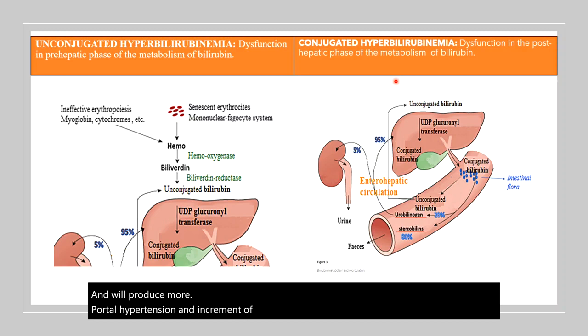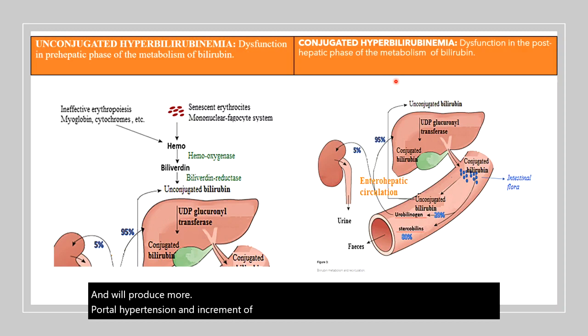Inside the intestine, by the action of the bacteria, or what we call microbiome, or intestinal flora, the conjugated bilirubin will again be unconjugated by bacterial enzymes, right? And that unconjugated will go back into the liver, and this is what we call the enterohepatic cycle or circulation.